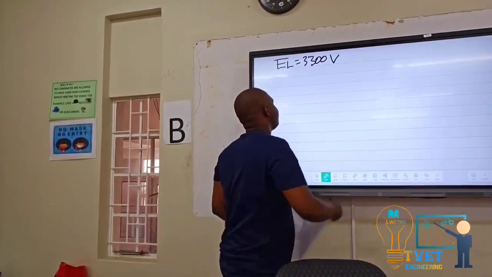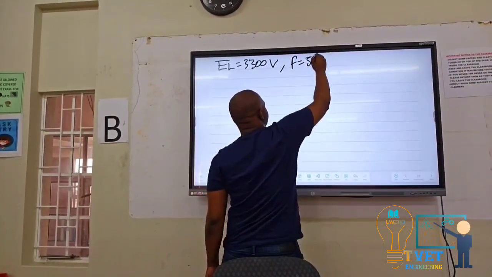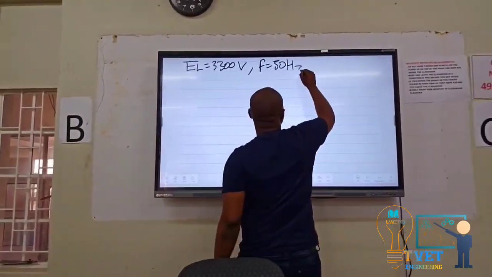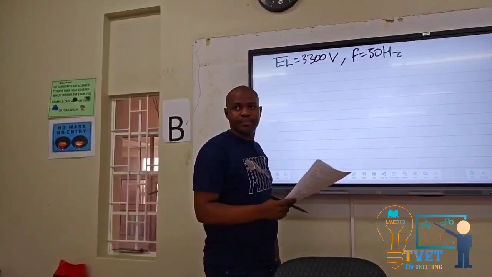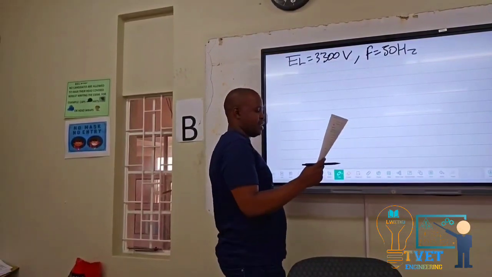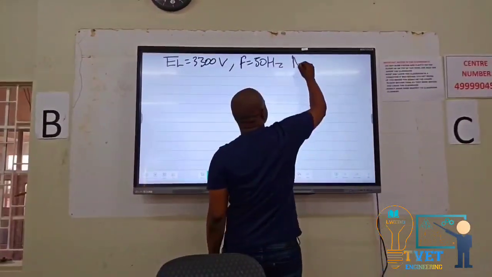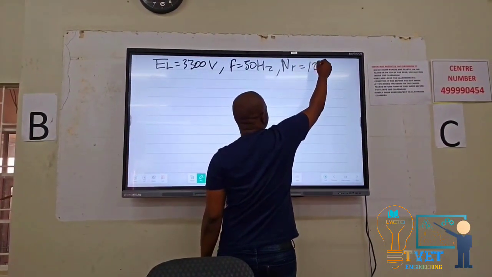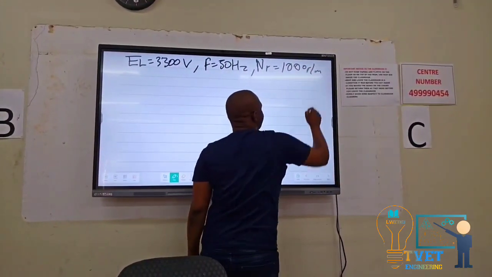Then they give us the frequency, in Hertz as usual. Then they give us the rotor speed, which is 1000 revs per minute.